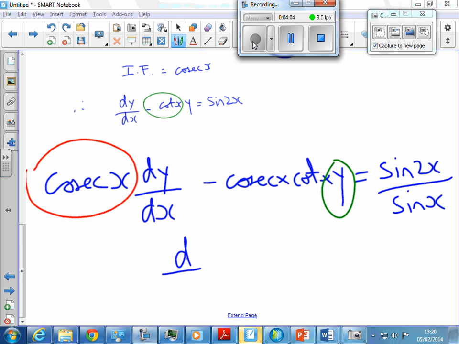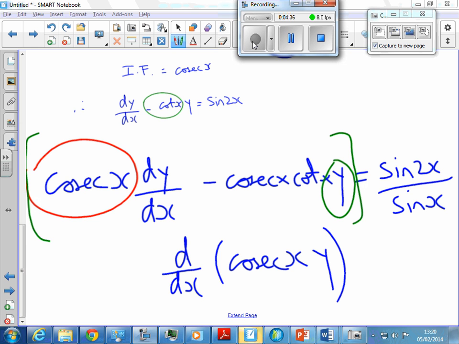I know that d by dx, once you've correctly found your integrating factor and multiplied through by it, then cosec x y, when I find the derivative of this, using implicit differentiation and the product rule, I will get exactly this line here. So you can check the maths yourself.